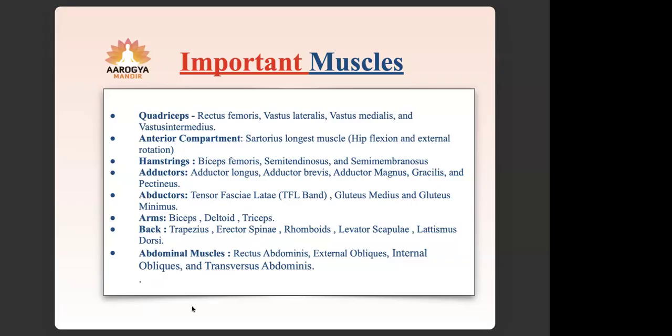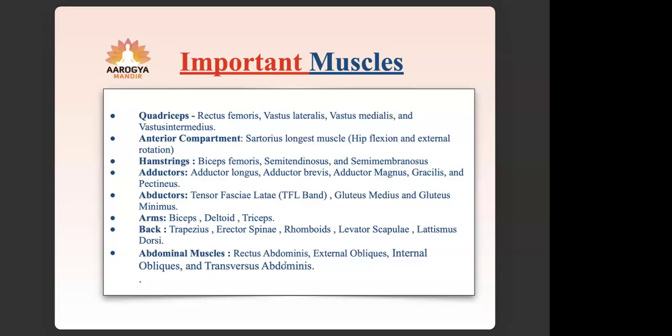And of course, for arms, you are well aware of biceps, deltoid, and triceps. For back, you are aware of trapezius and the paraspinal muscles, erector spinae, the rhomboids near the scapula, levator scapulae near the scapula, latissimus dorsi on the mid back on both the sides.